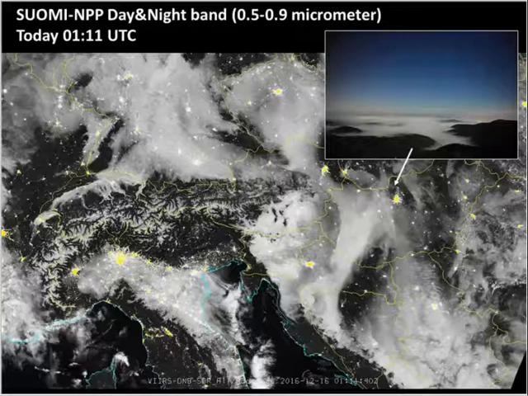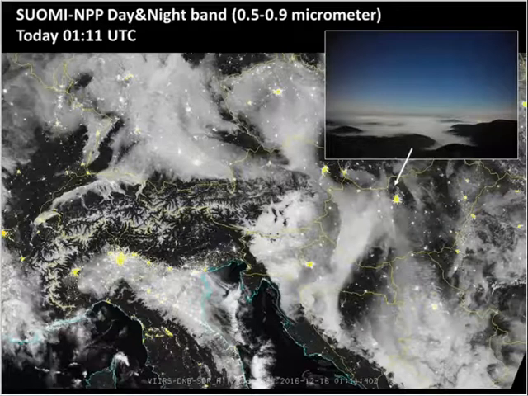That picture, actually, is not an MSG picture, but a nighttime image with a visible channel. The satellite is Suomi NPP. It's a VIIRS image. It's called the day and night band.